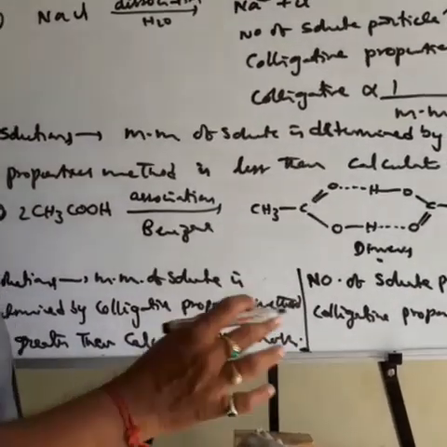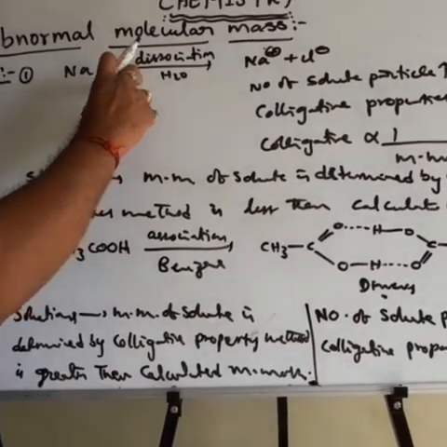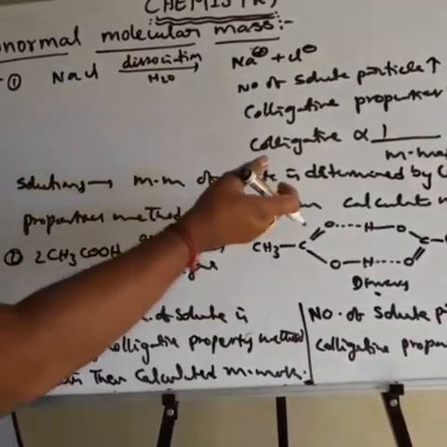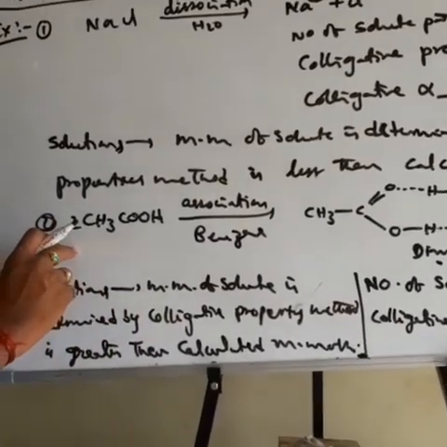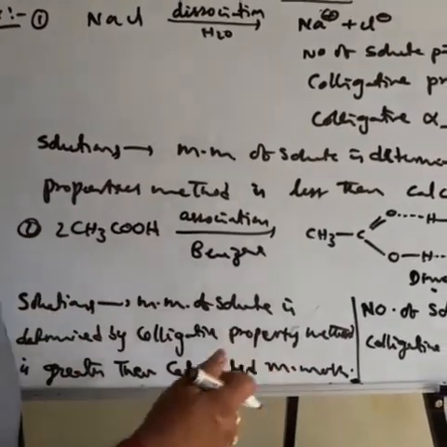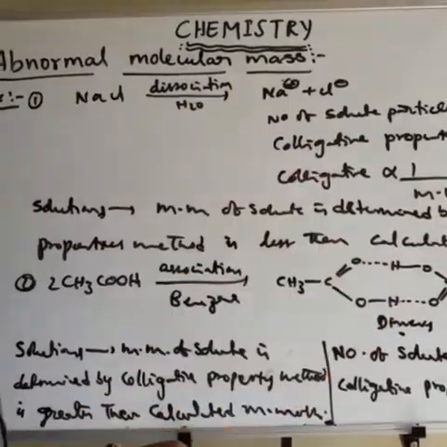So this is abnormal molecular mass. In the case of dissociation, the molecular mass of the solute is lesser than the calculated molecular mass, but in the case of association, it is greater than the calculated molecular mass. That is called abnormal molecular mass.